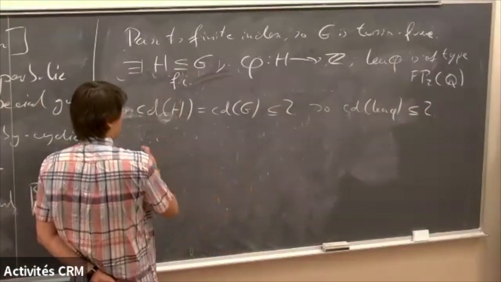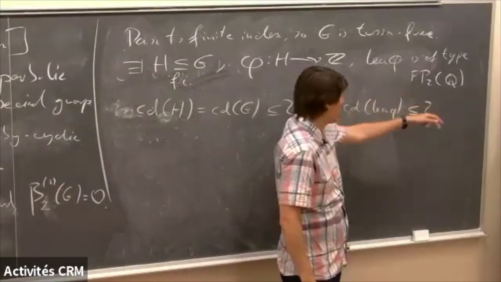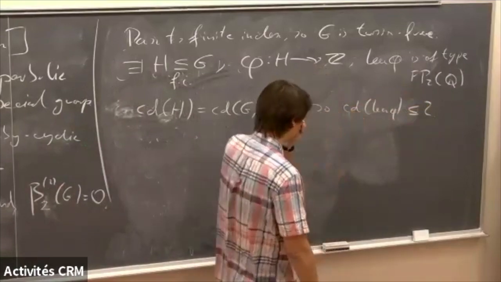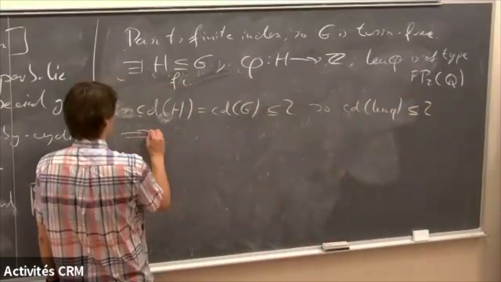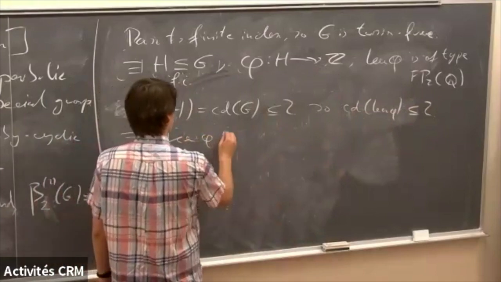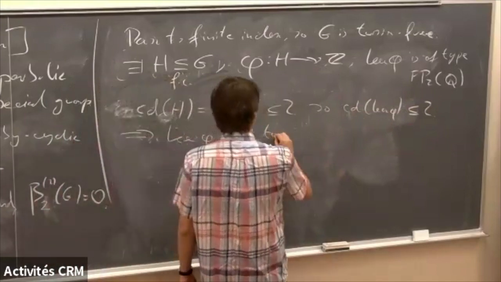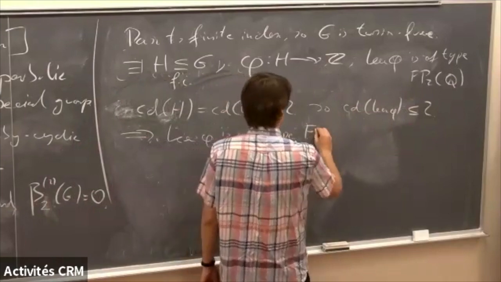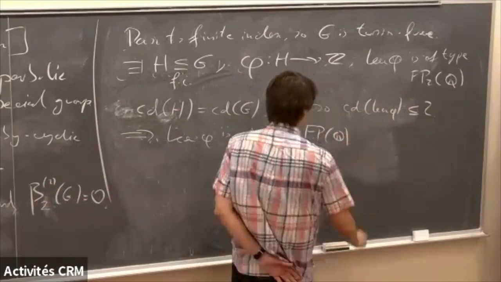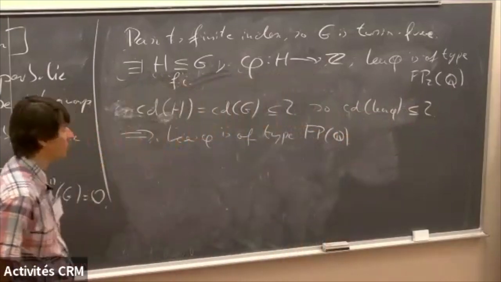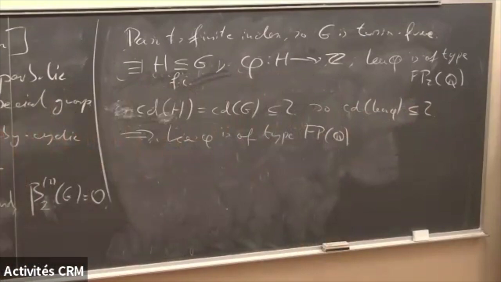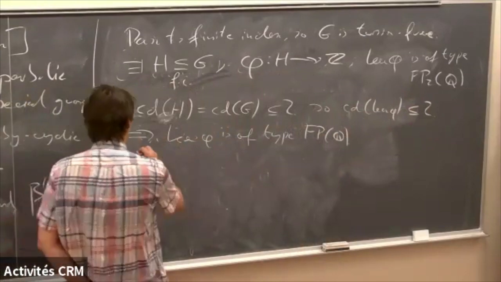So now we know that our kernel is of type FP2 and has homological dimension 2. But that implies, by just homological algebra, that the kernel is of type FP over Q. It admits a finitely generated projective resolution over Q.